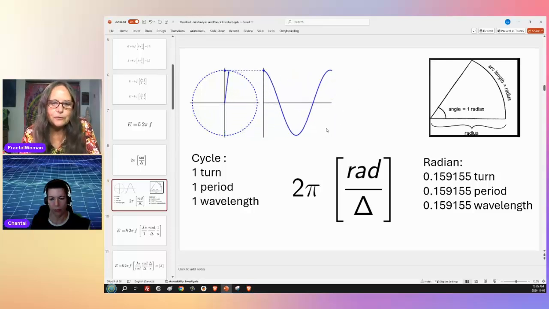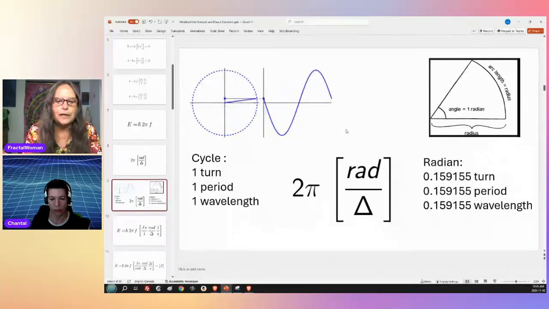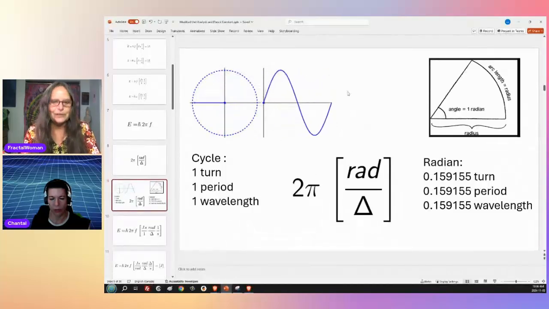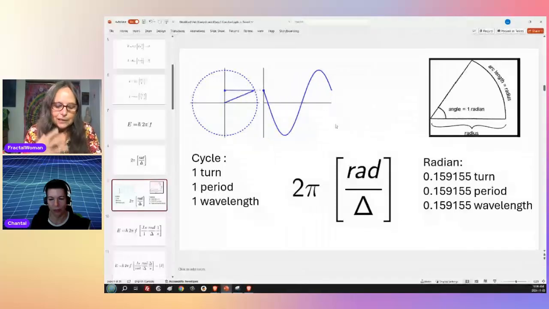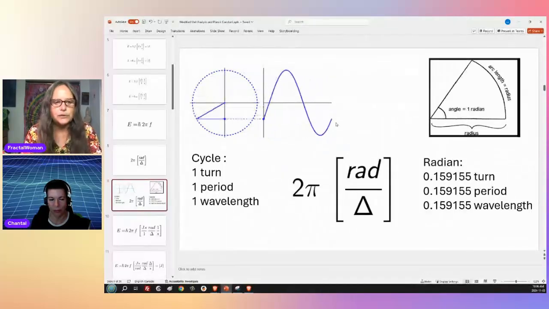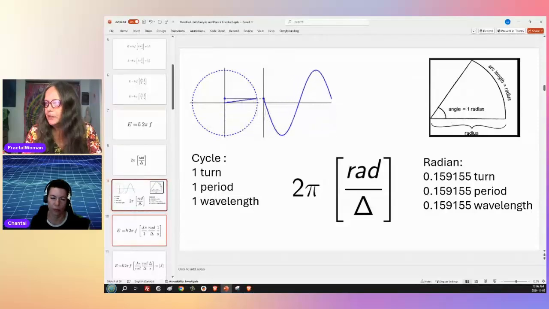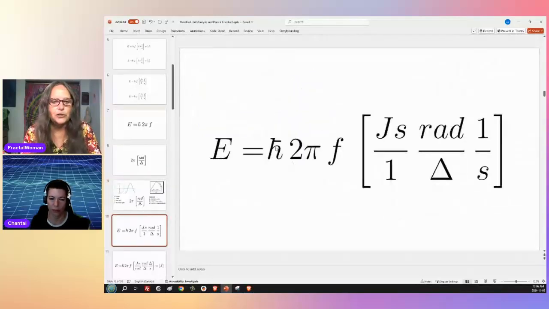A radian is in fact 0.159155 turns. It's a fraction of a cycle. I just want to point that out as an obvious thing, but it's important in the way I'm trying to explain things. Now we're going to go back and do the units.